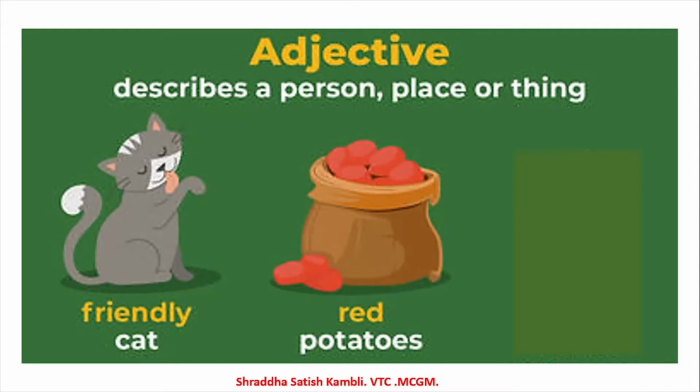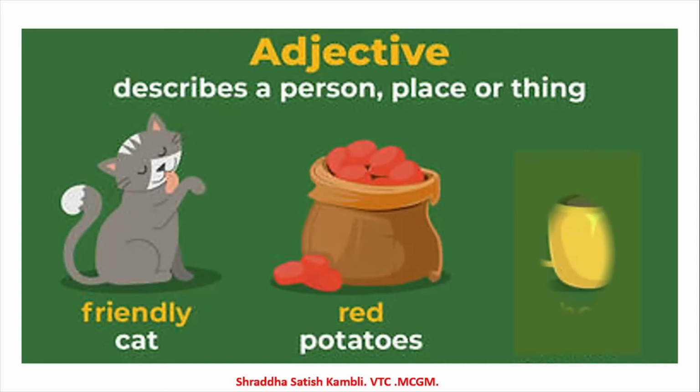So which is the word which is describing the potatoes? It is the word red. Now red is also the name of a color. We say red, blue, green, isn't it? But when the word red is used to describe something, then it becomes an adjective.